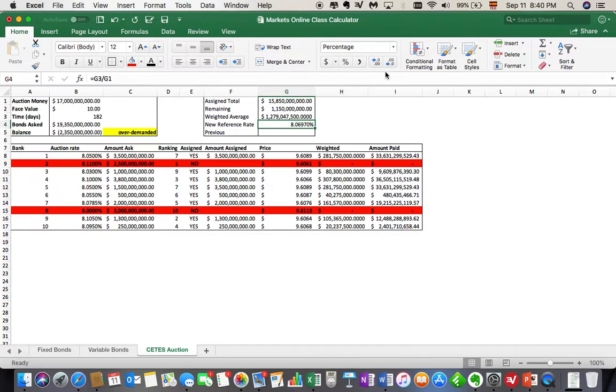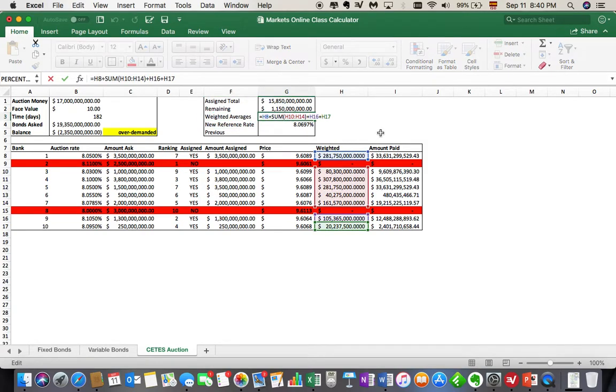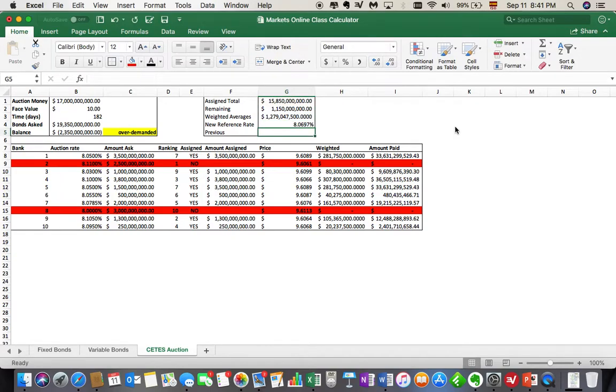I was just checking this was correct. Okay, I'm going to explain again. You add all the weighted averages here of only the assigned banks, and if you divide these weighted averages over the assigned total, you will get the new reference rate.